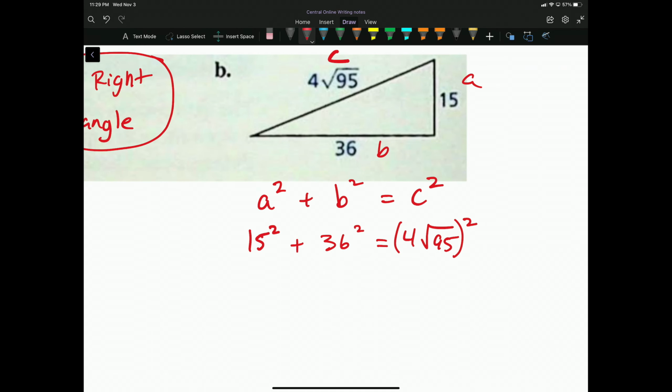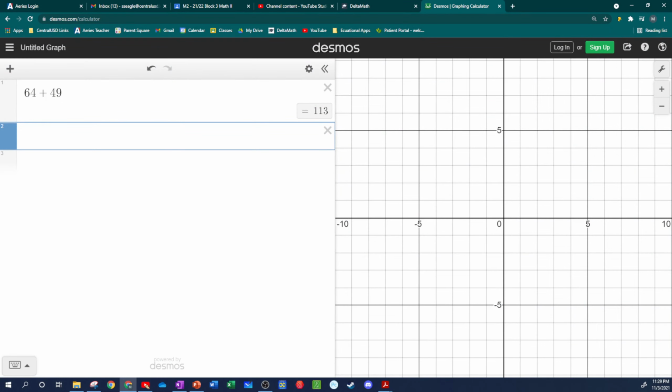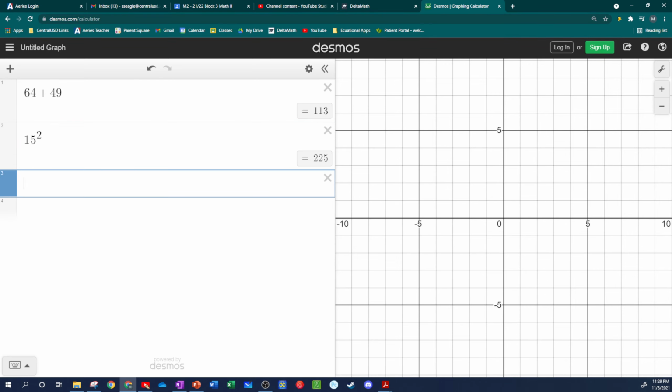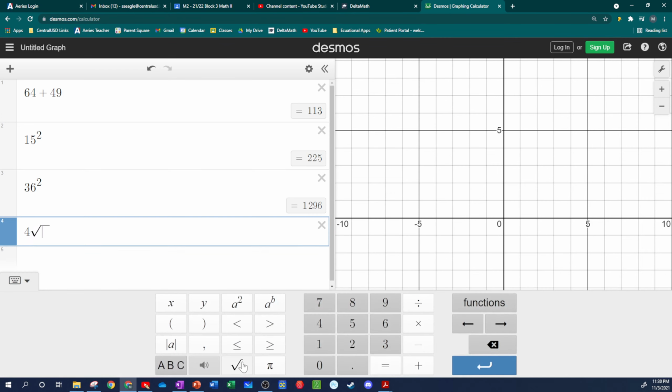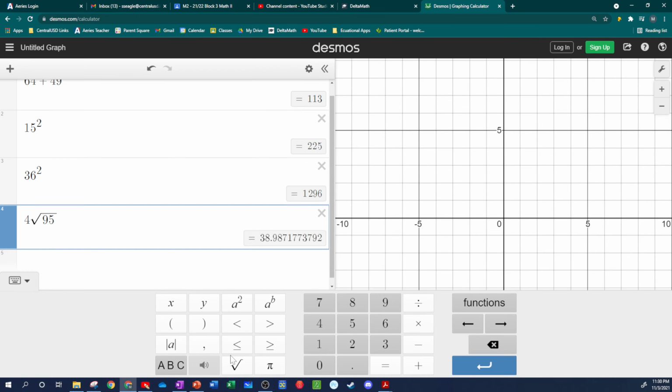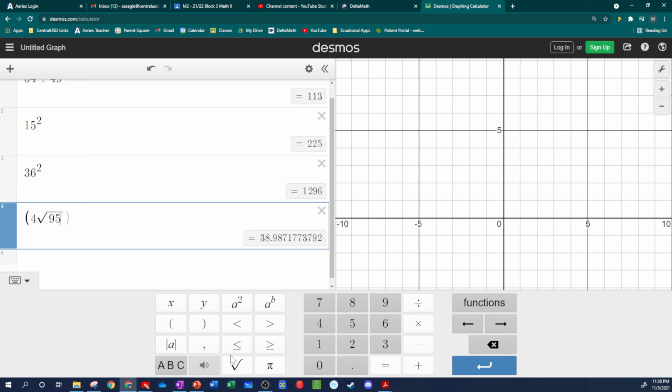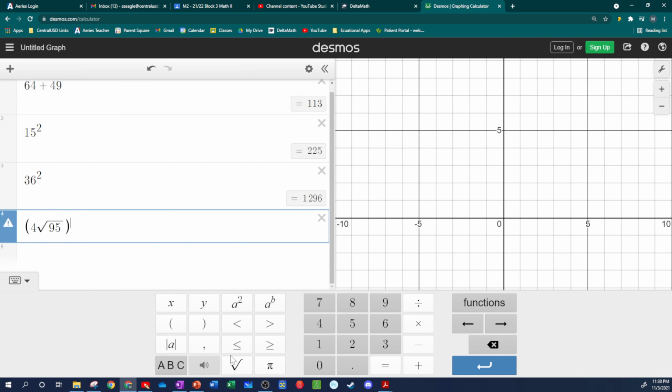All right, so I'm going to switch over to our calculator just to show everybody. We have 15 squared, that's going to be 225. 36 squared is going to be 1,296. And then we want to do 4 times the square root of 95. Now remember, use the keyboard square root. And I want to put parentheses around this and square it. So it's going to be 1,520.